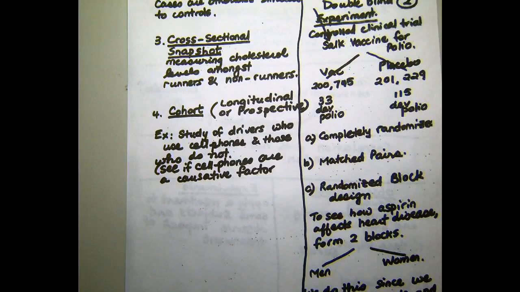In other words, you are following people over time to see if they develop a certain condition. There are two sorts of people you are following. People who use something like smoking and people who don't.